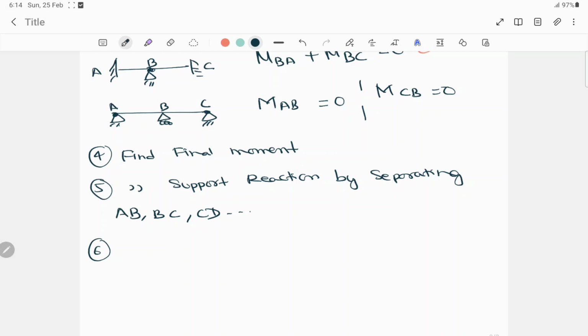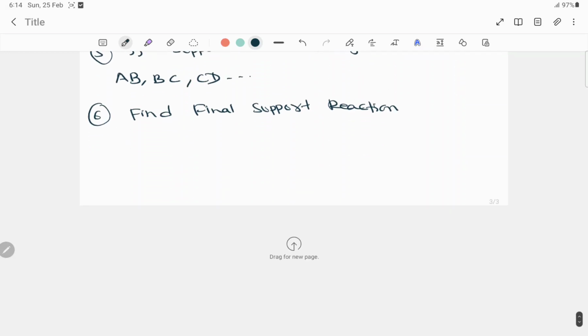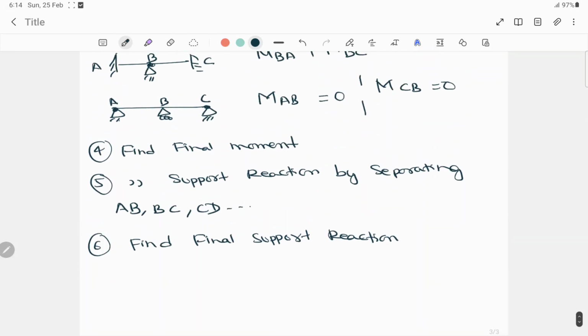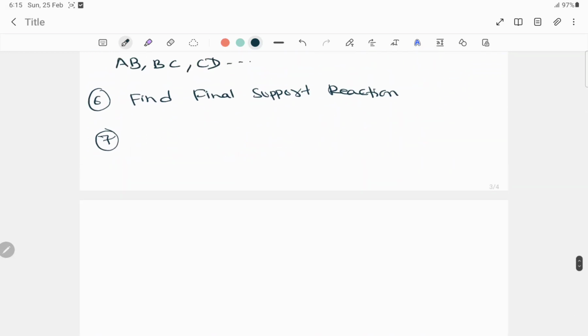And the sixth step is to find the final support reactions, and the last step is to draw the SFD and BMD. SFD is nothing but the shear force diagram and BMD is the bending moment diagram.